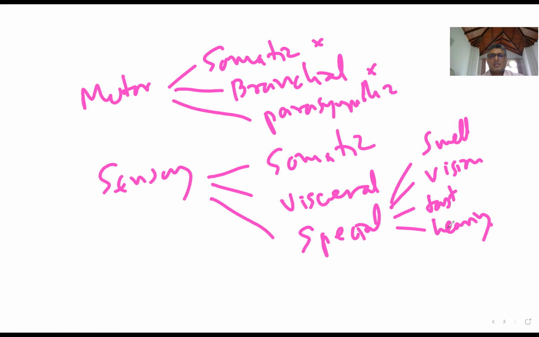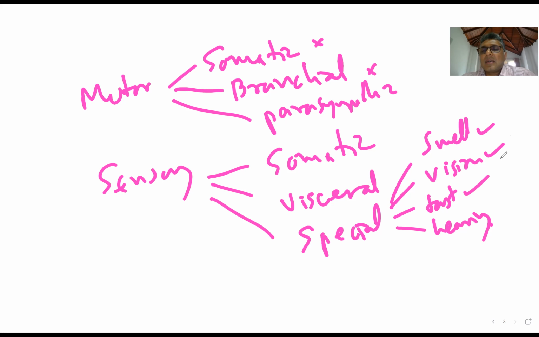Now here, since we are discussing cranial nerves and concentrating on the brainstem, the first two cranial nerves go into the cerebrum, so you will not find nuclei of those cranial nerves in the brainstem. Therefore, even though they are special sensations, unless you discuss those two cranial nerves, you will not find nuclei or anything in the brainstem. So you will not have an issue with that.